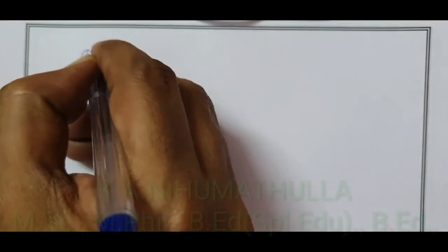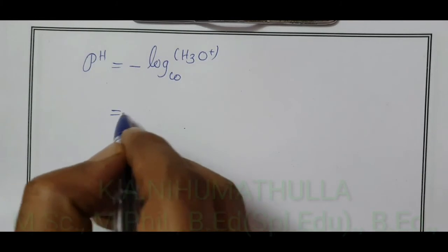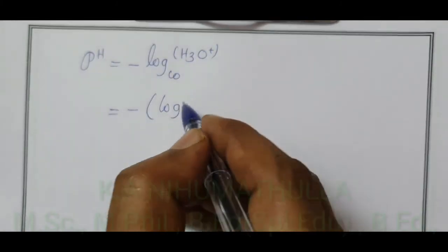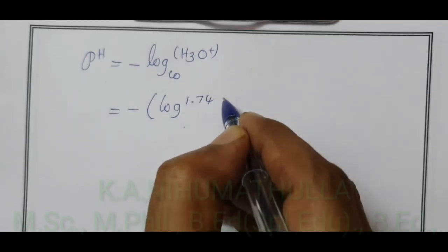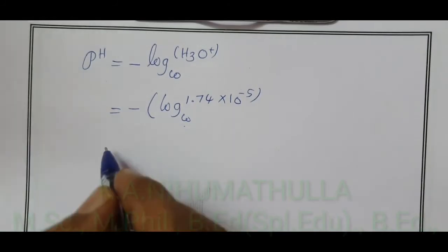The pH formula is equal to minus log of H3O plus ion concentration to the base 10. That is equal to minus log of 1.74 into 10 power minus 5 to the base 10.